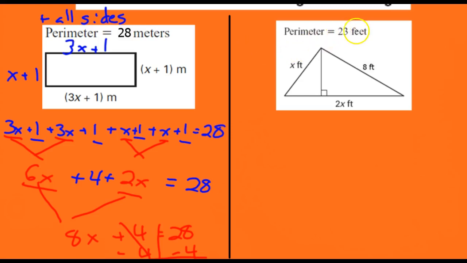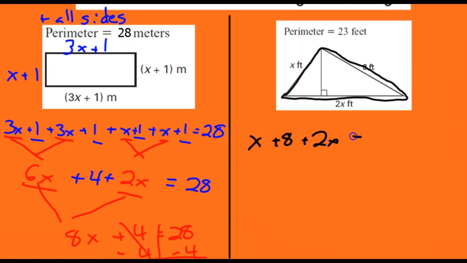Over here, we have the perimeter equals 23 feet. So the perimeter is the distance around the shape. So we have x plus 8 plus 2x equals 23. I see that I have an x here and an x here, so that's 1x plus 2x, which gives me 3x plus 8 equals 23.